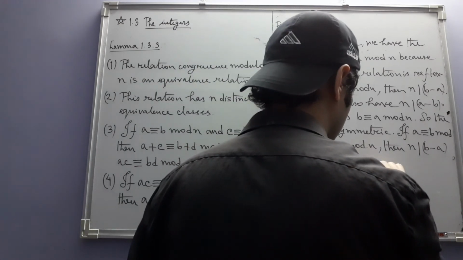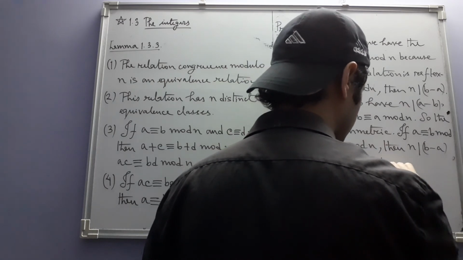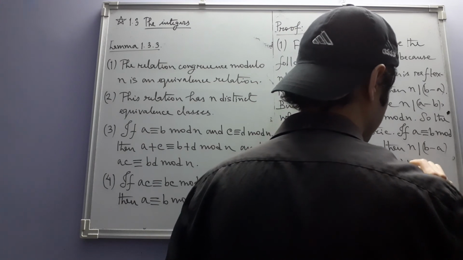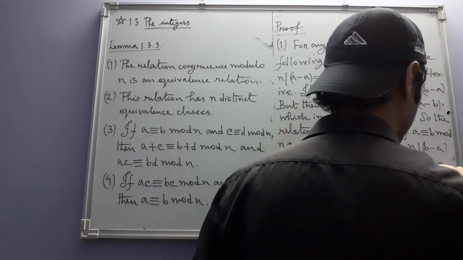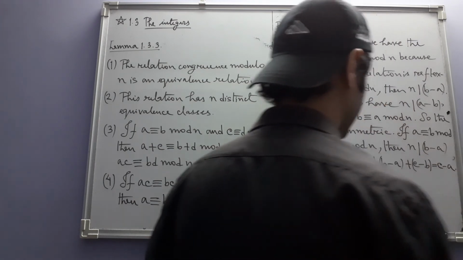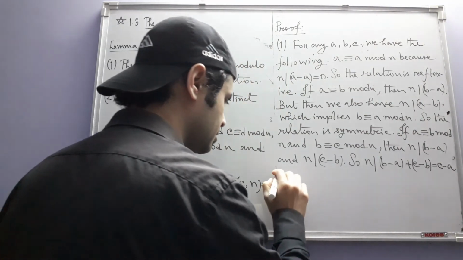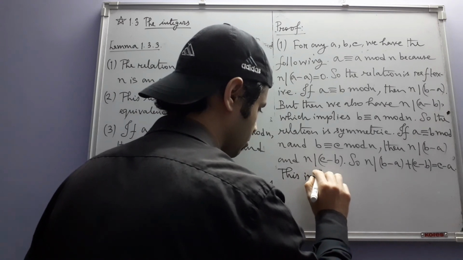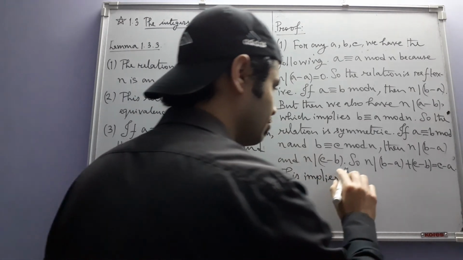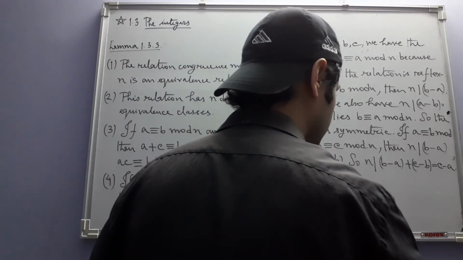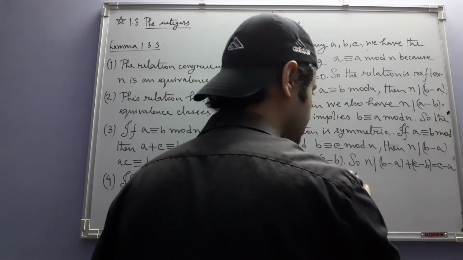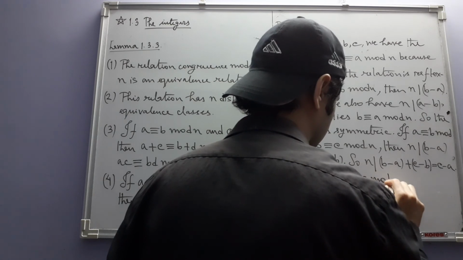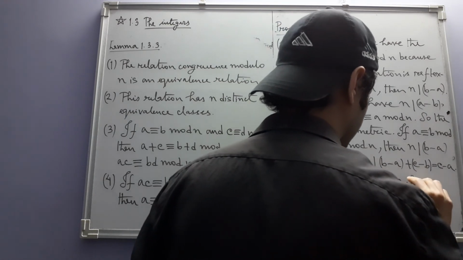So n divides b minus a plus c minus b, which is equal to c minus a. This implies a is congruent to c modulo n.